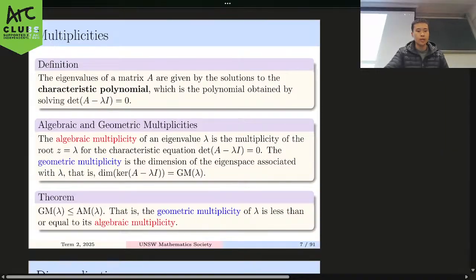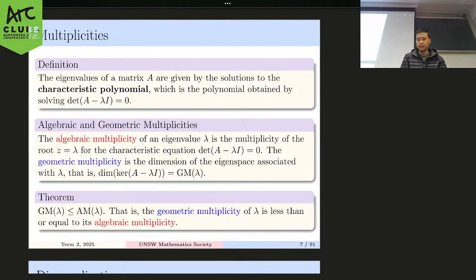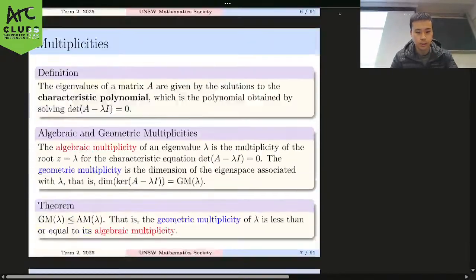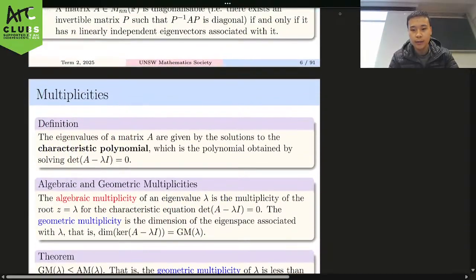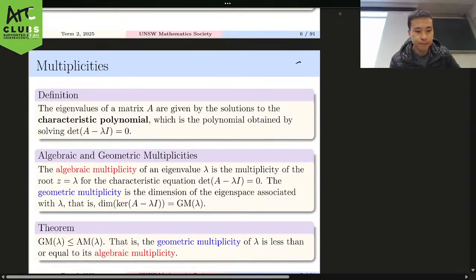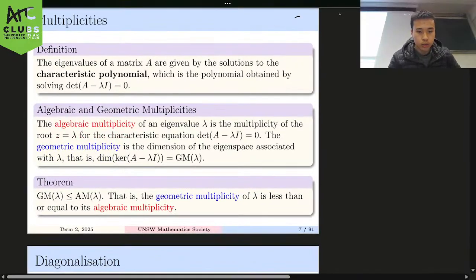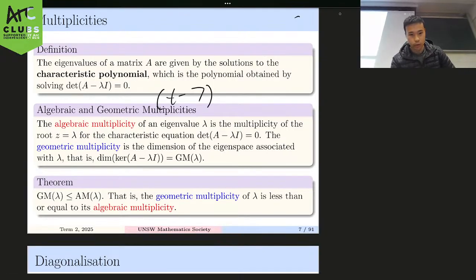Yep. So multiplicities. When we did 1B, we represented the characteristic polynomial. So you might get some random characteristic polynomial, something like this.